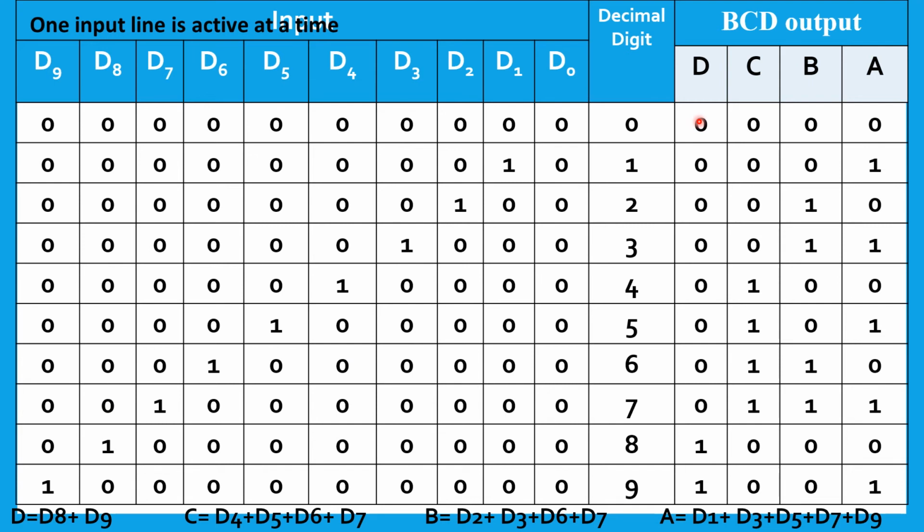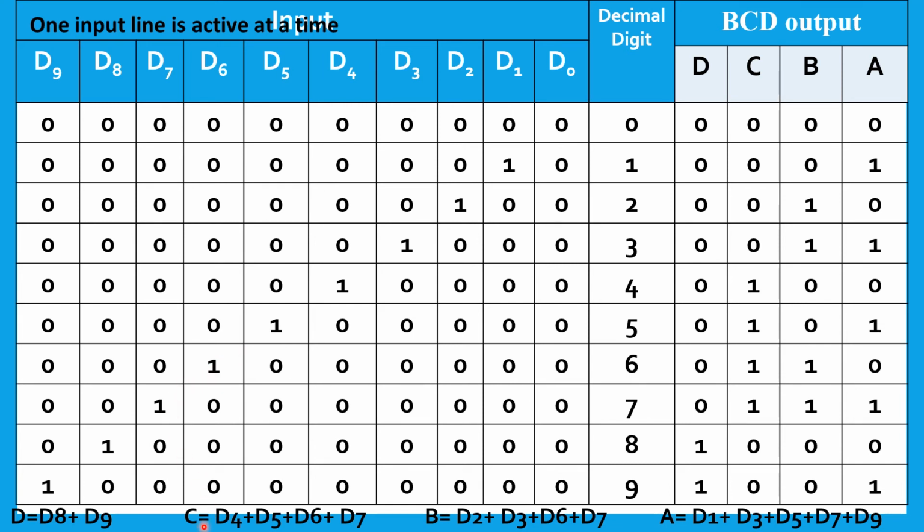And the D output is high only when D8 is high or D9 is high. So the Boolean expression for D we can write as D8 or D9. And this C output is high when D4 is high or D5 high or D6 high or D7 high.